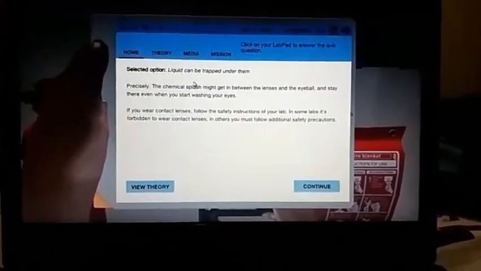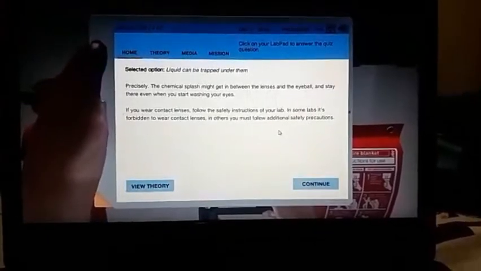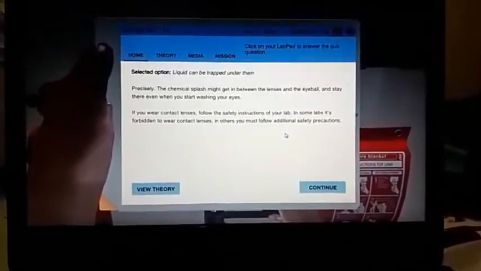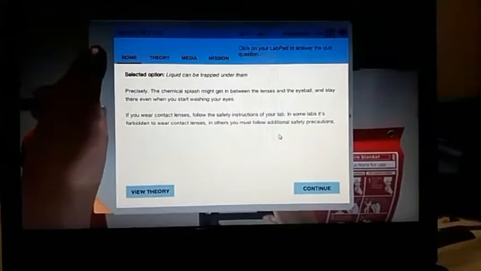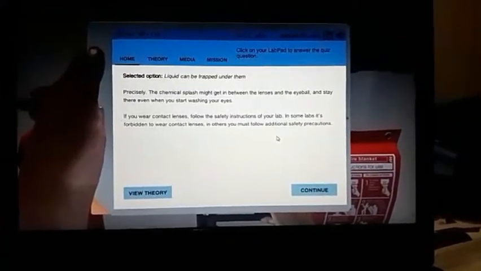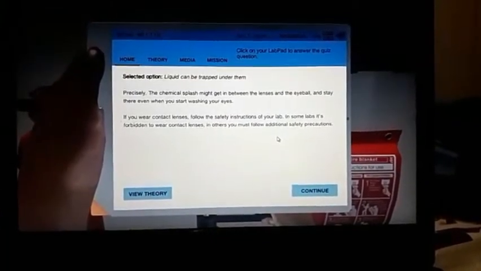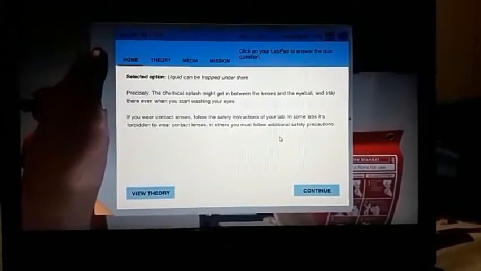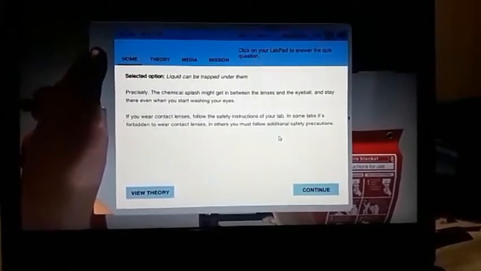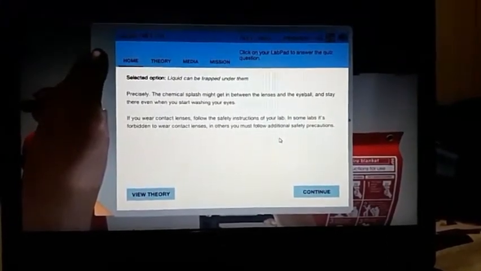Precisely. The chemical splash might get in between the lenses and the eyeball, and stay there even when you start washing your eyes. If you wear contact lenses, follow the safety instructions of your lab. In some labs it's forbidden to wear contact lenses, in others you must follow additional safety precautions.